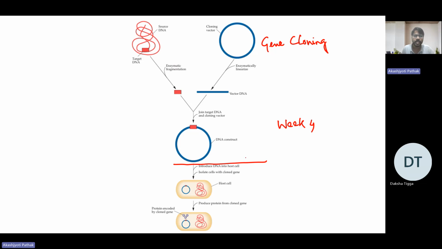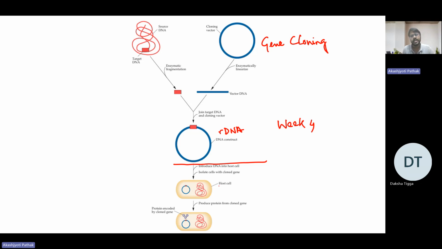Now today what we will mainly deal with is how this recombinant DNA is introduced into the host cells. You can see in this figure, this is the recombinant DNA, and it is inserted inside the host cell.